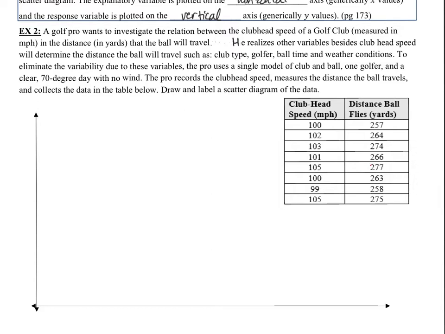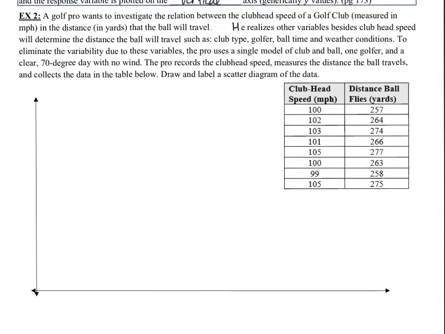Whenever labeling your graph, I always take a look at the range of values we have. The highest number we have is 105, and the lowest number is 100. I'm going to stick between 100 and 105. Actually, the lowest number was 99, I'm incorrect.